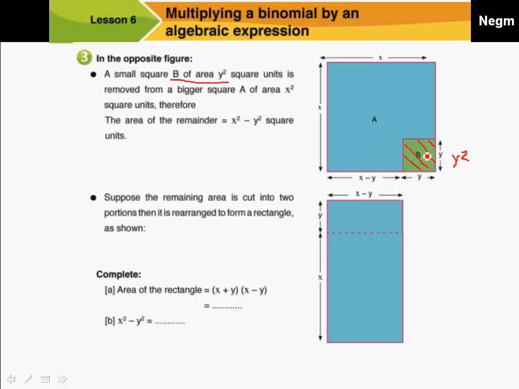We remove this small square from a bigger square A. This is the bigger square A of area x squared square units. The bigger square's area is x times x, which is x squared. We remove y squared from x squared, which means x squared minus y squared.